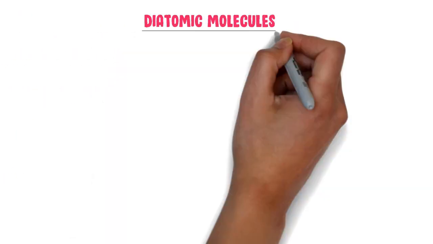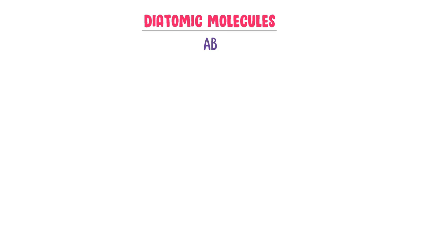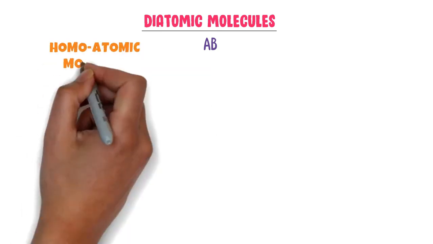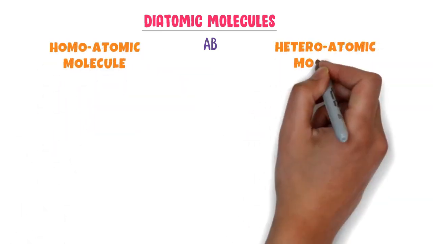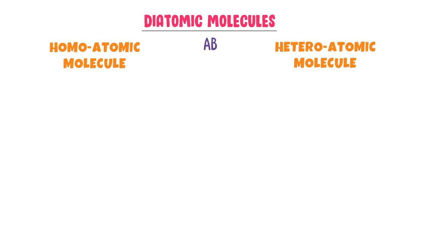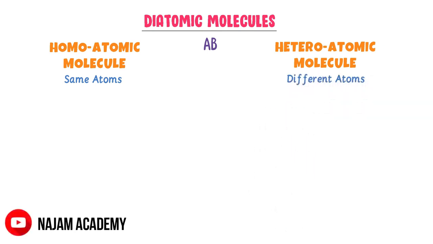Consider a diatomic molecule of AB2 format. Also we know that diatomic molecules are divided into 2 categories, homoatomic molecules and heteroatomic molecules. Remember that homoatomic molecules are made up of the same atoms and heteroatomic molecules are made up of different atoms.